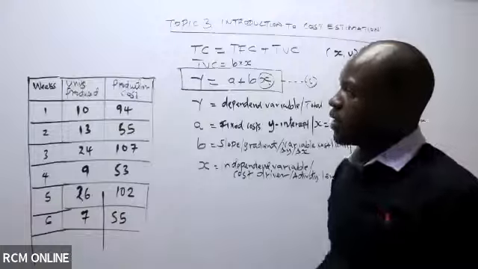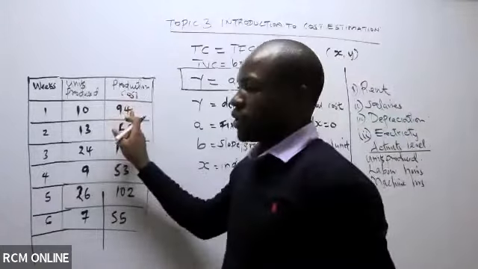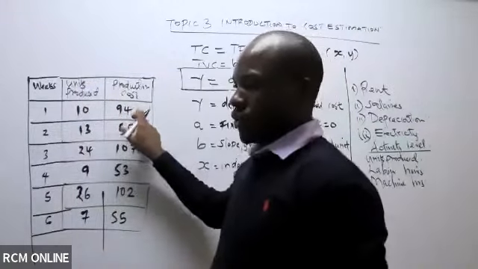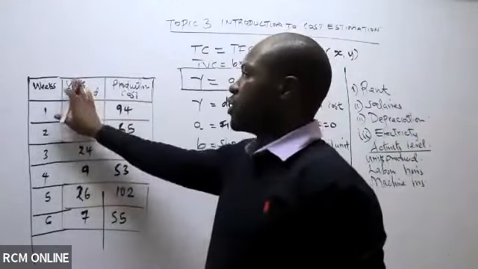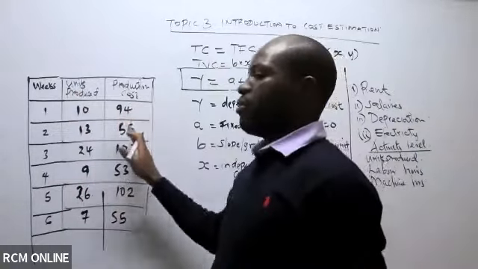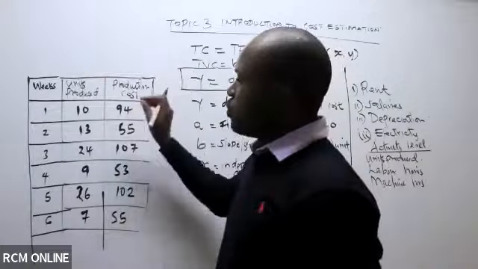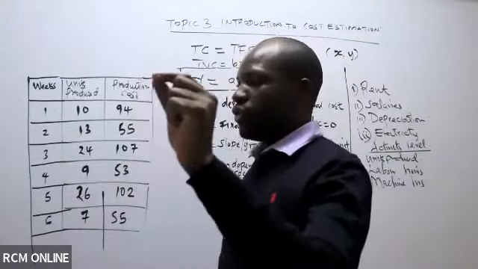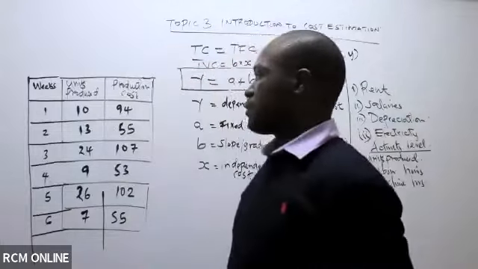So it means if I were to get production cost, units produced does not depend on production cost. If I want to get units produced, I can get it independently without looking at the production cost. But for me to be able to arrive at the production cost, I must know the units produced. Why?